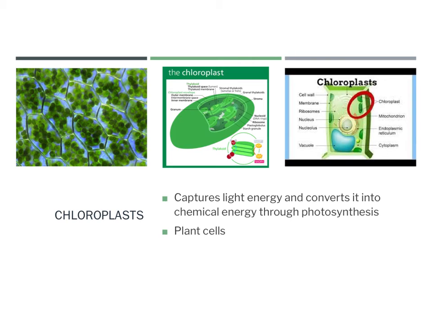So in the thylakoid is where you would find something called chlorophyll, and that is where energy from the sun is going to be trapped. Chlorophyll is also responsible for giving leaves and stems their green color.